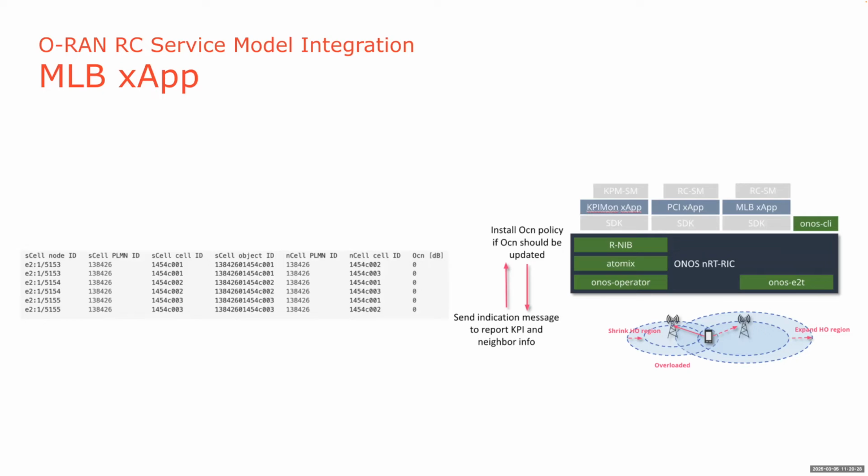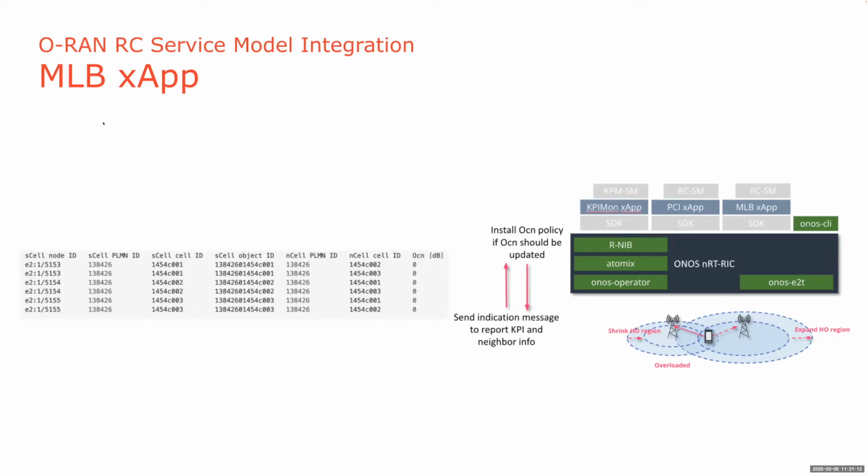The major assumption for the mobility load balancing application is if one of the GNode Bs is overloaded, but its neighbor cells are not overloaded, let's say the load for those neighbor cells is under the threshold, then this xApp tries to change the load balance handover region, so that the overloaded GNode B's UEs are handed over to the neighbor cells. So that is the major operation for the mobility load balancing xApp.